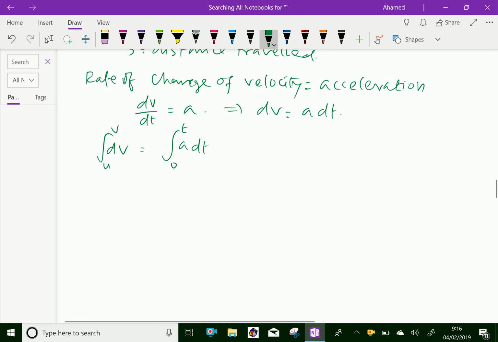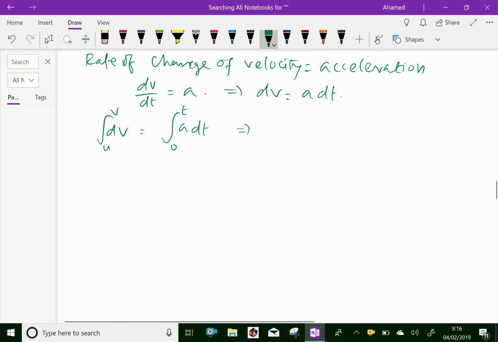Now by integration, dv integration is v, with limits of u and v, equal a is a constant, take out of integration, and dt integration is t with 0 to t.